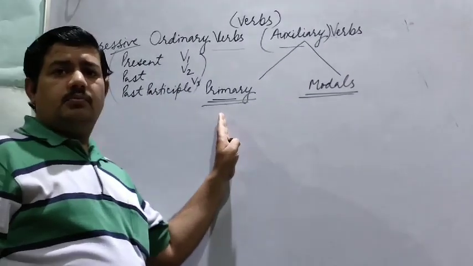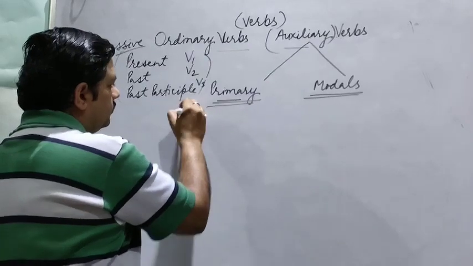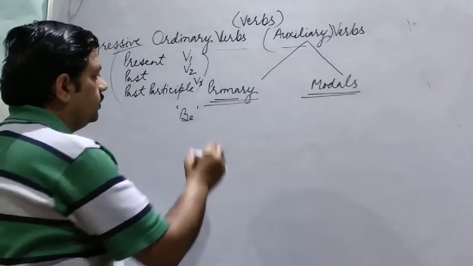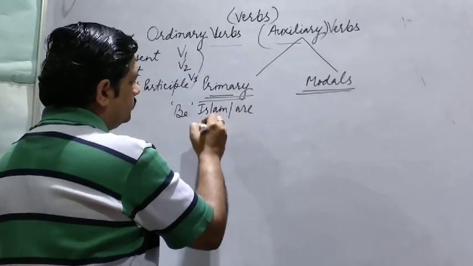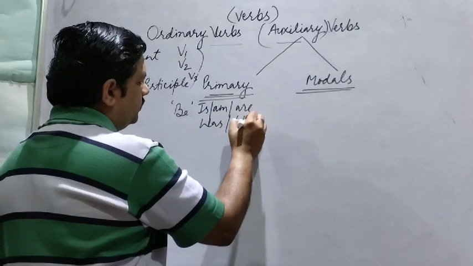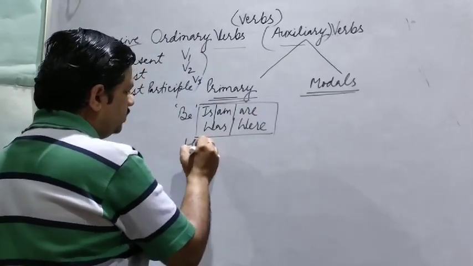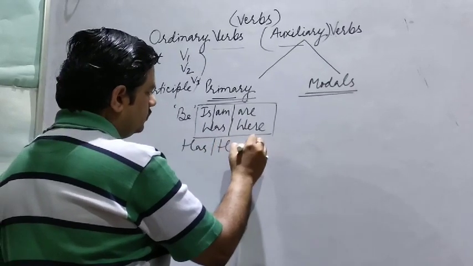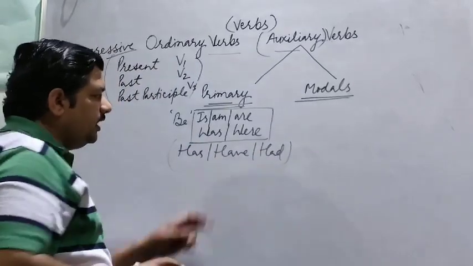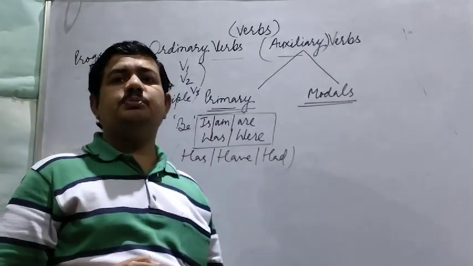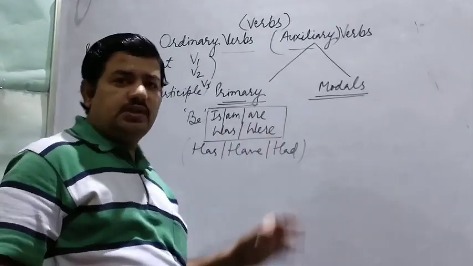Primary auxiliaries basically are the forms of be, such as is, am, are, was, were. Okay, in this we consider these things also: had, have, and these are also subject specific. Means according to subject we use them.